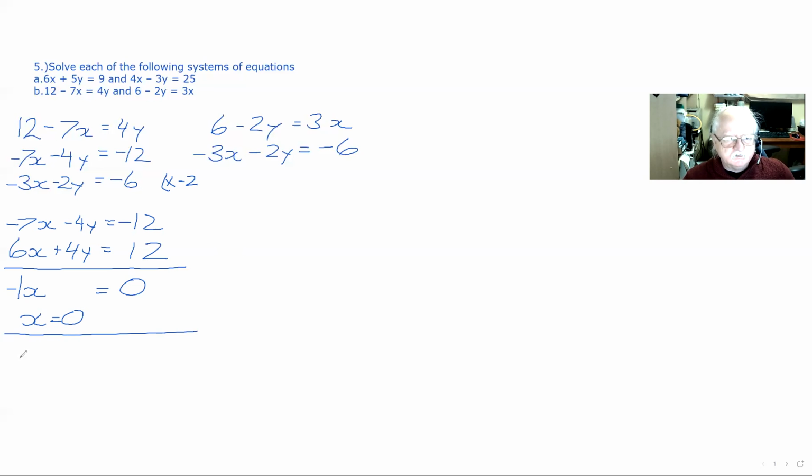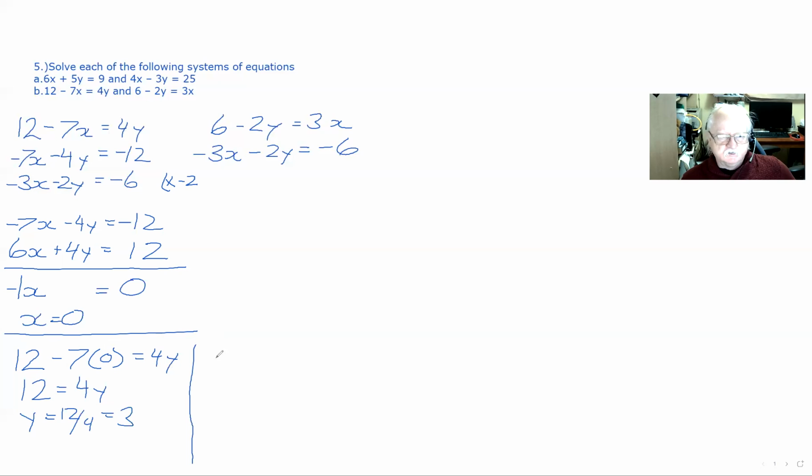So what did we have? 12 take away 7 times 0 equals 4y. Well, 7 times 0 just disappears. So 12 equals 4y. Y must equal 12 over 4 equals 3.